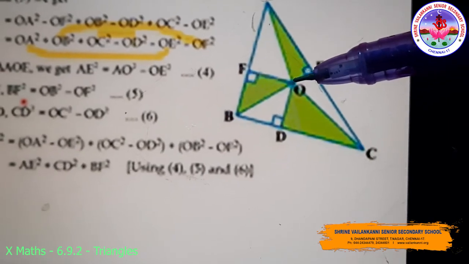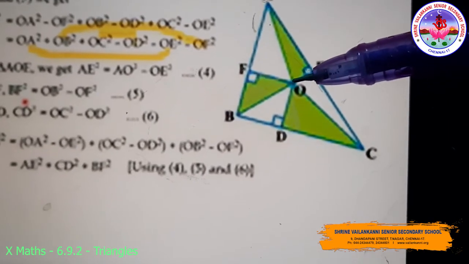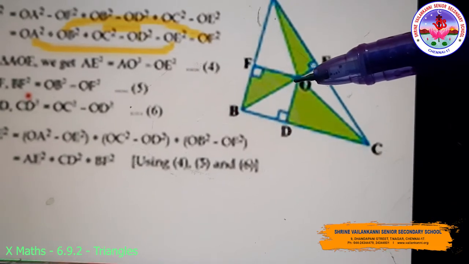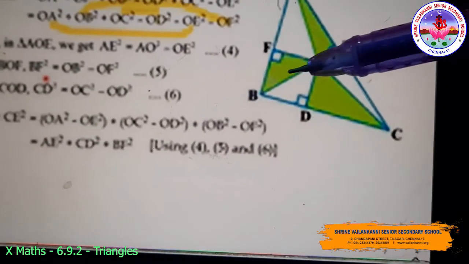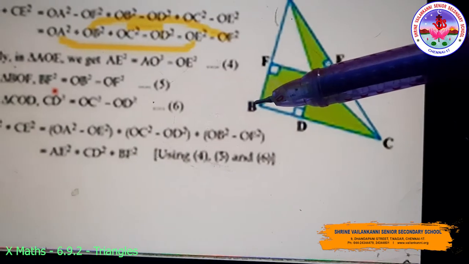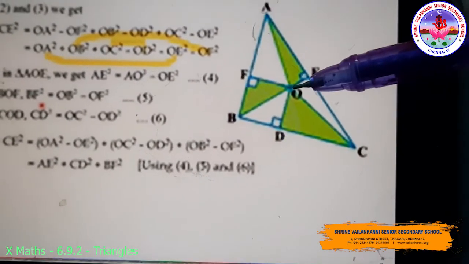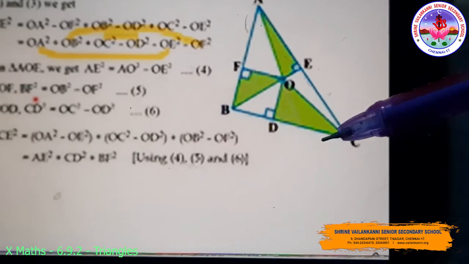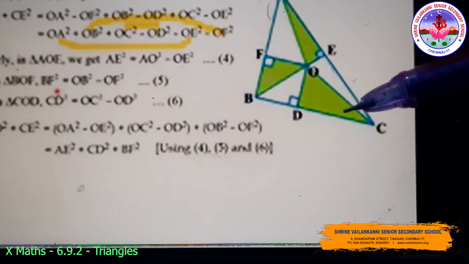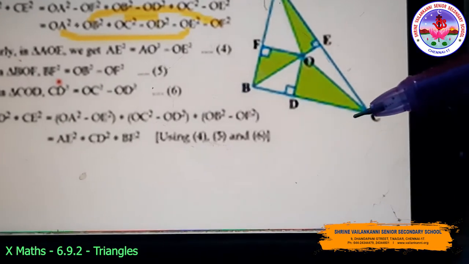Similarly, OB square minus OF square. So I am taking the triangle OBF, OB square minus OF squared, I will be getting BF squared. Similarly, OC squared minus OD squared, taking this triangle ODC, OC squared minus OD squared will be getting CD squared.